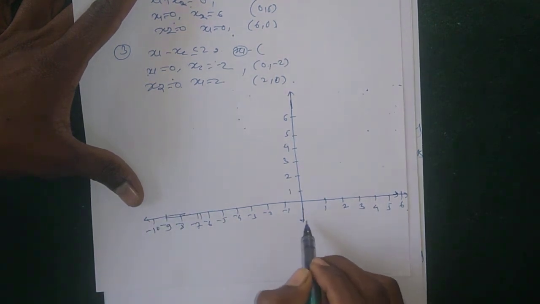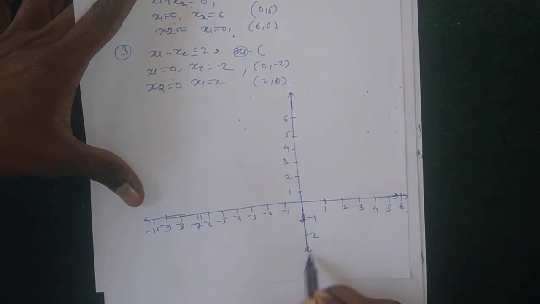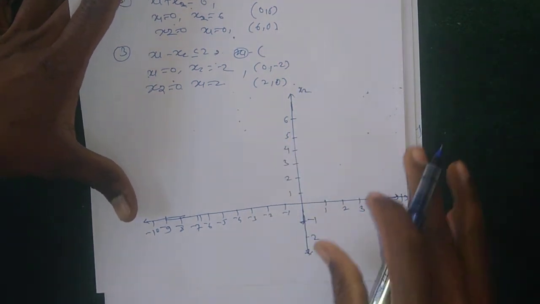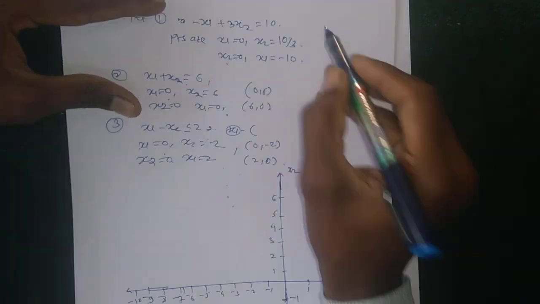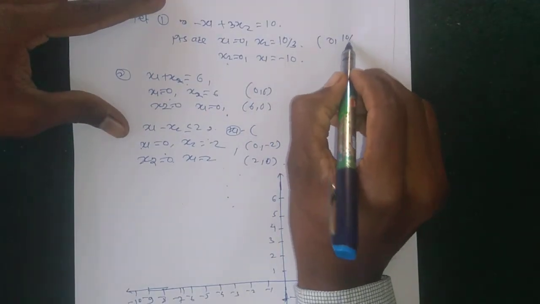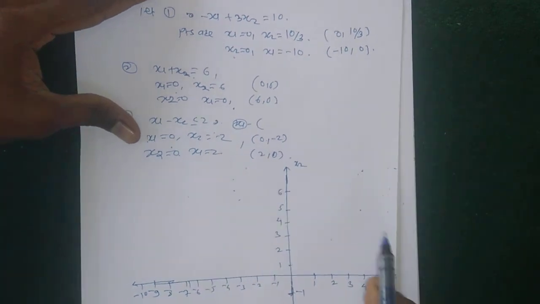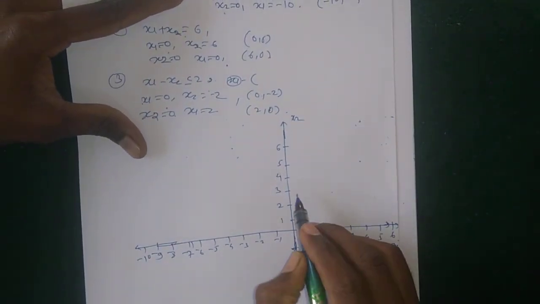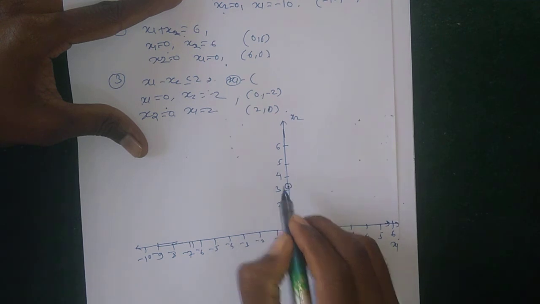And below, minus 1, minus 2, and in this way, this is the x1 axis, this is the x2 axis. So points are: first point is 0, 10 by 3, and minus 10, 0. 10 by 3 means 3.33. Suppose that this is 3.33 here.